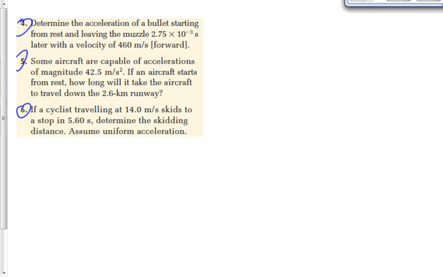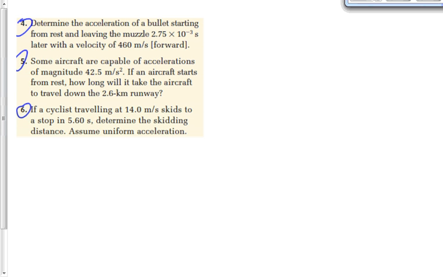All right. Question number 4 says, determine the acceleration of a bullet starting from rest and leaving the muzzle, so leaving the end of the gun, 2.75 times 10 to the negative 3 seconds later with a velocity of 460 meters per second forward. Clearly, the bullet is speeding up.